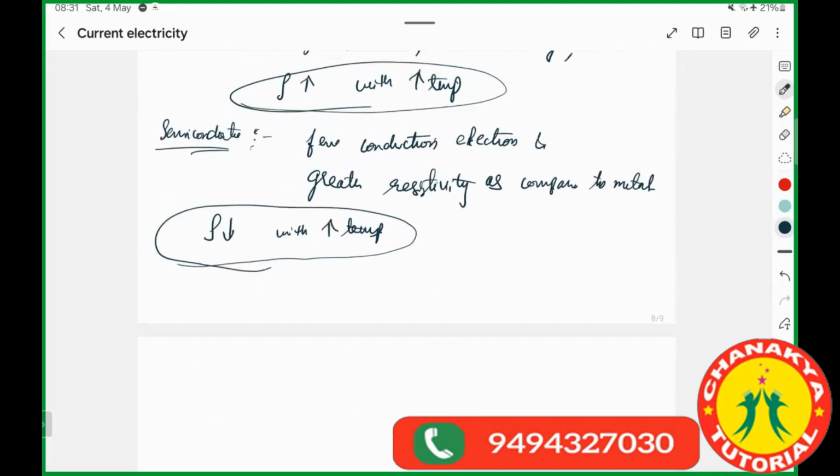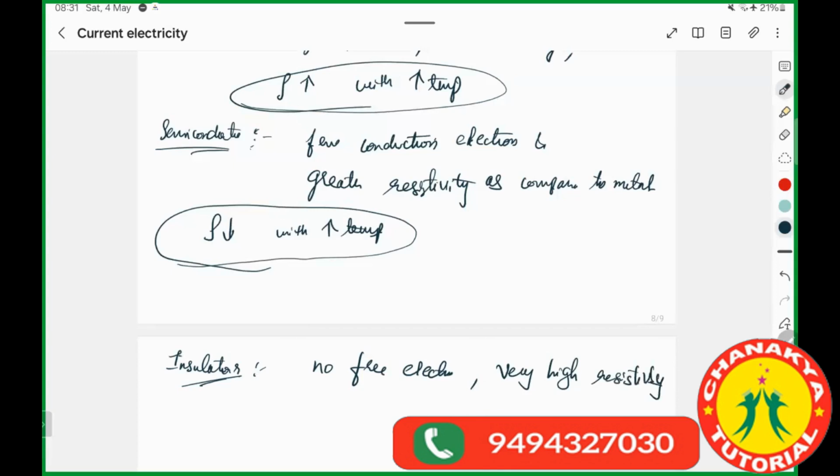Now, what about insulators? There are no conducting electrons, no free electrons, and very, very high resistivity, and rho does not change with temperature.